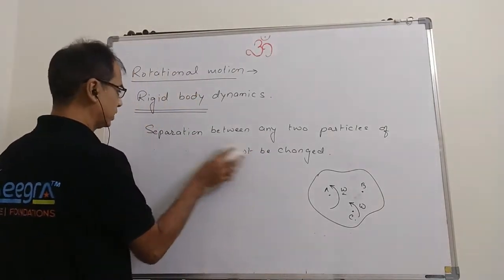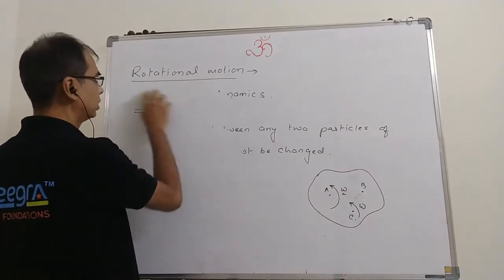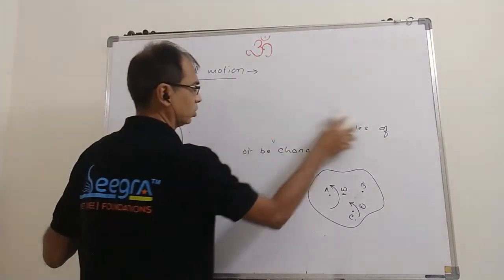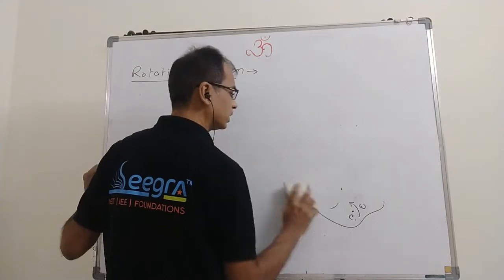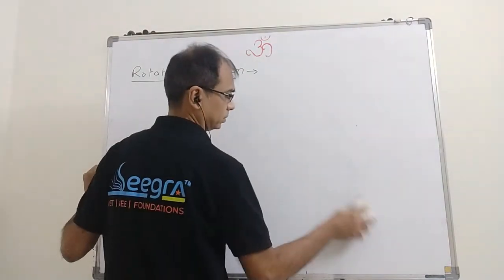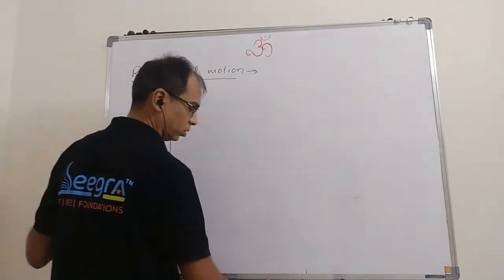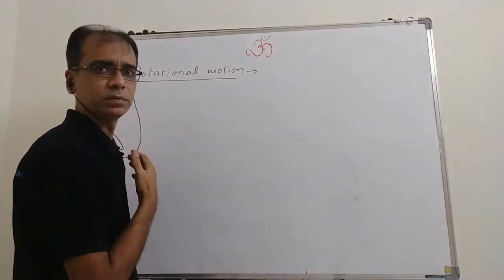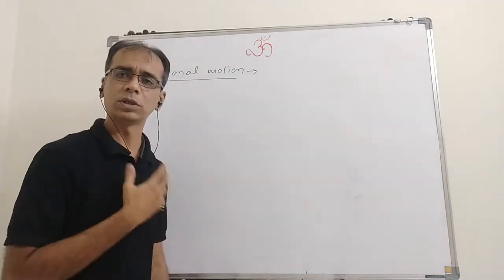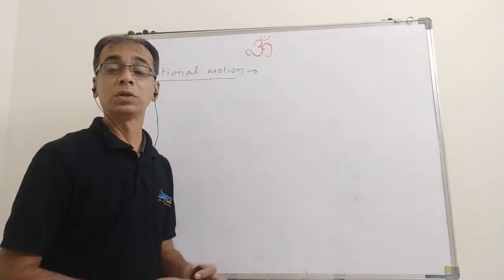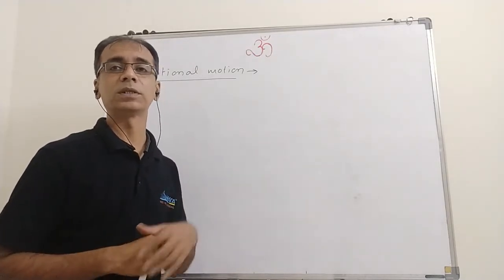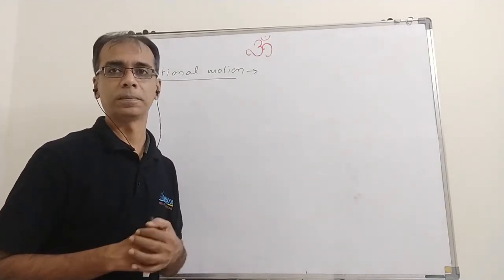Then what else is there in rigid body rotational motion? First, in translatory motion, all the topics we did before that were related to straight line motion, the first thing I told you was inertia.